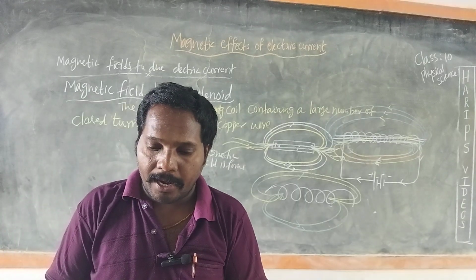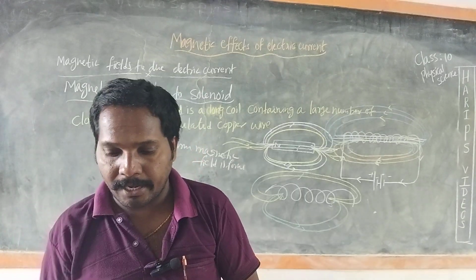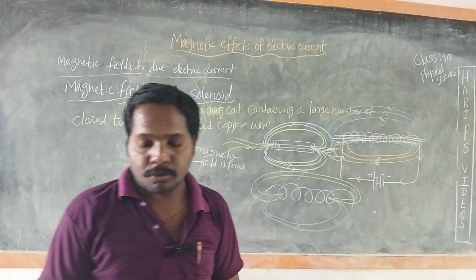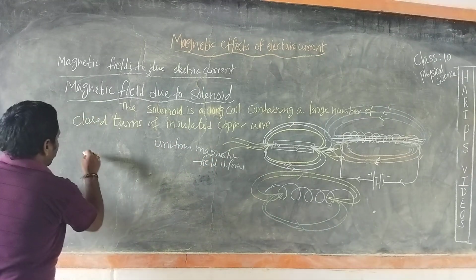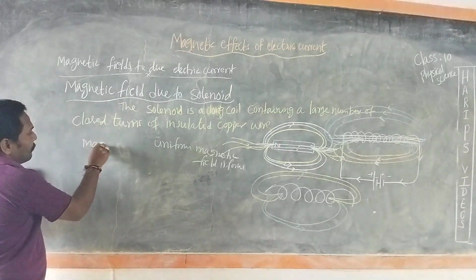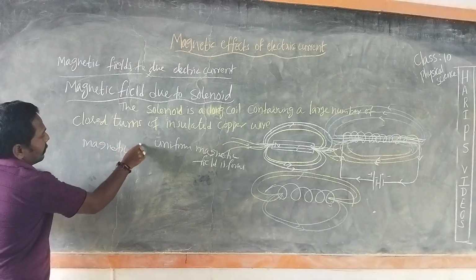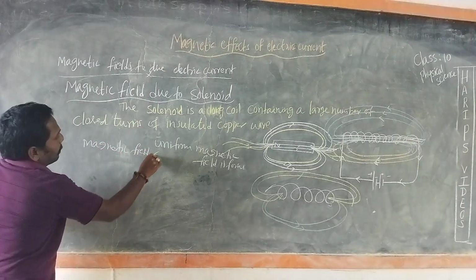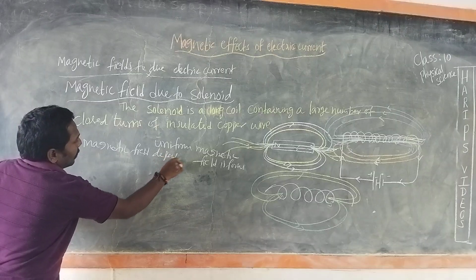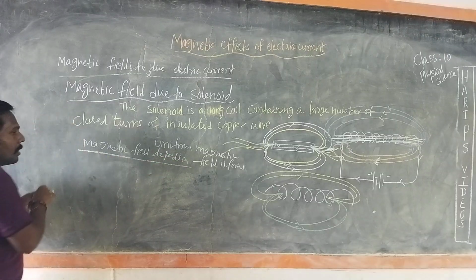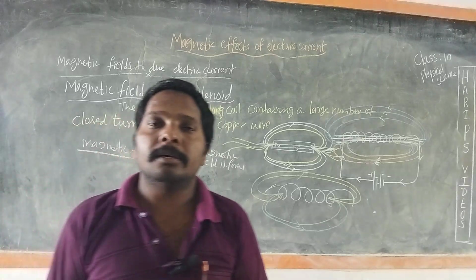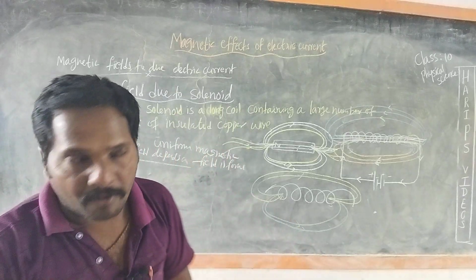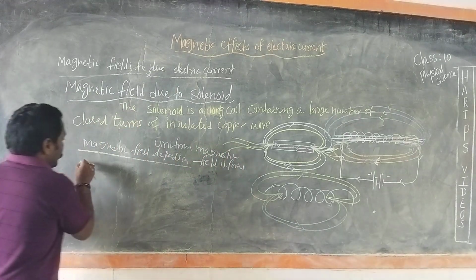So the strength of the magnetic field produced by a current carrying solenoid depends on the number of turns in the solenoid.